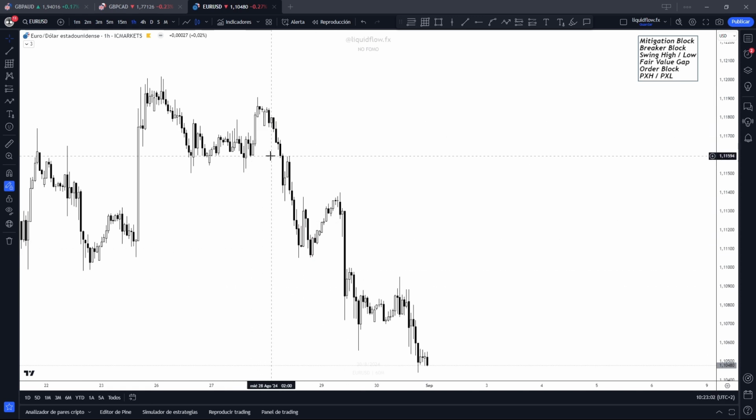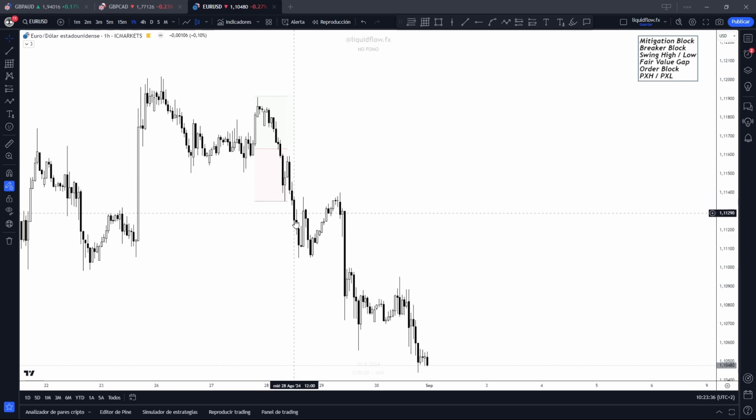So if we start here, how do we mark our legs? Well, we mark our recent legs with a swing high and a swing low. So this is how we're going to mark our recent legs. If we have this one, which one is our recent swing low? This one from here, right?